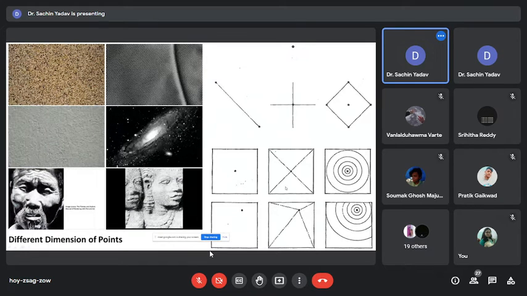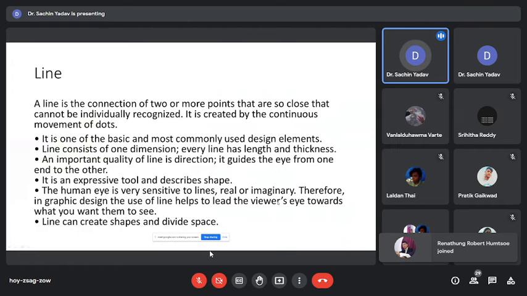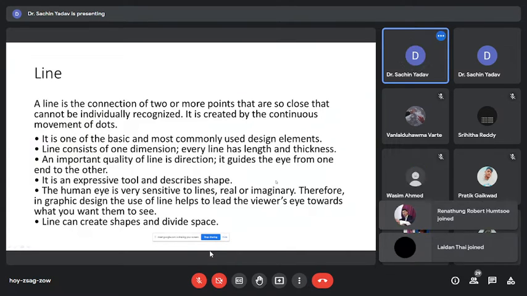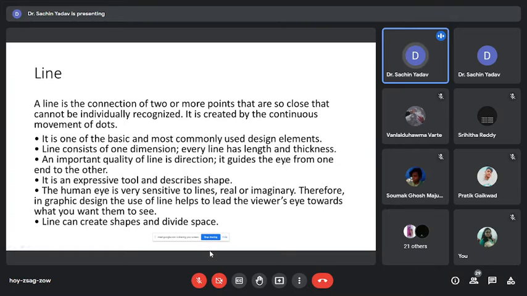right? So the next element is the line. To describe line, basically a line is the connection of two or more points that are so close that they cannot be individually recognized.